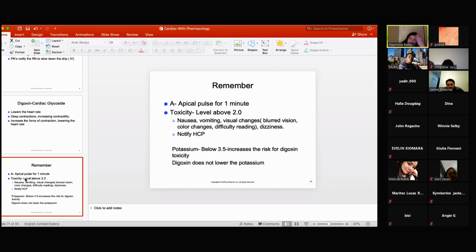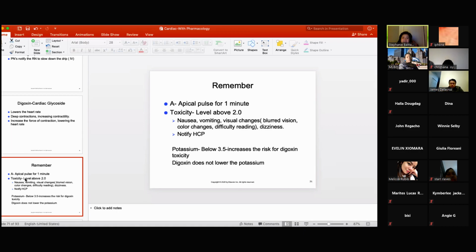So anything that has something to do with vision is a sign of digoxin toxicity. We know about nausea and vomiting, and then you have dizziness also.